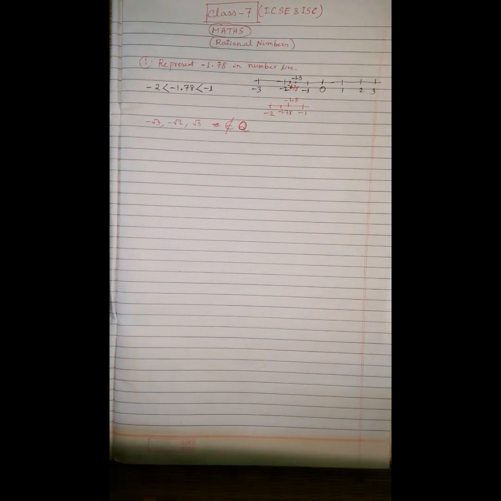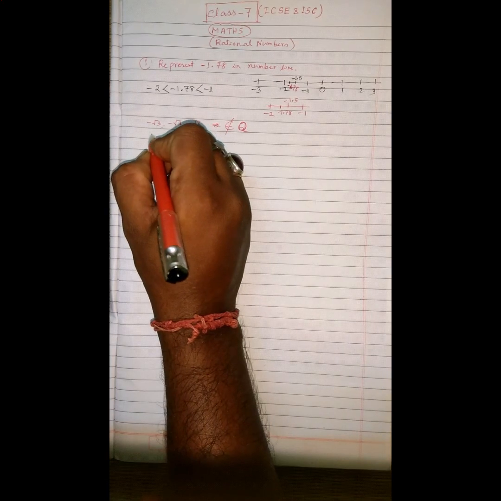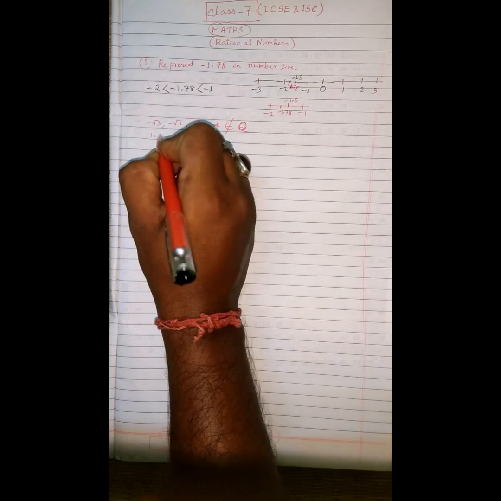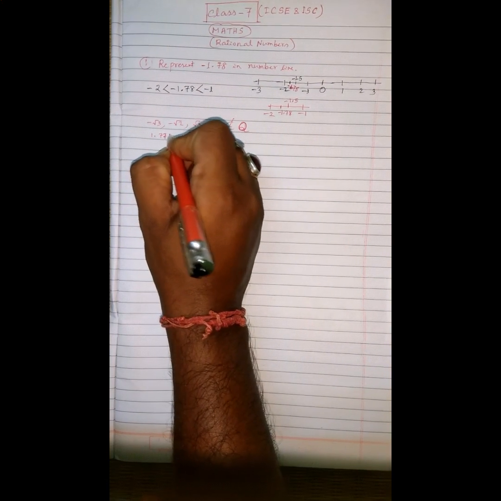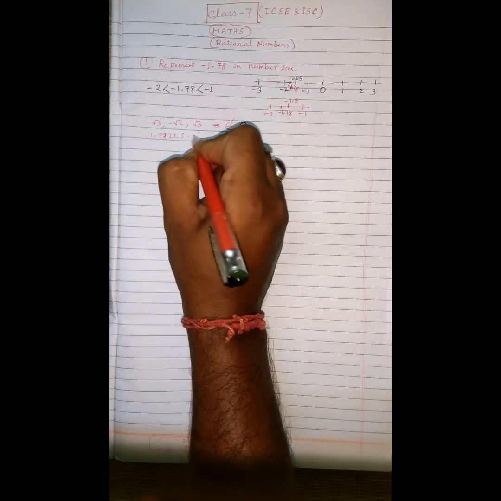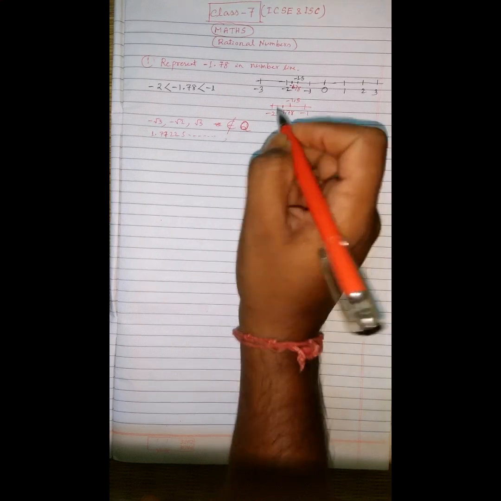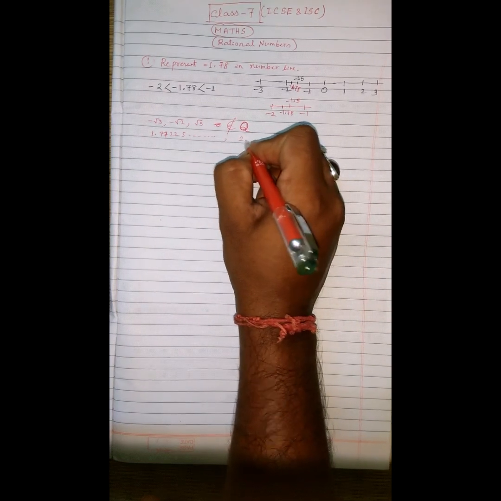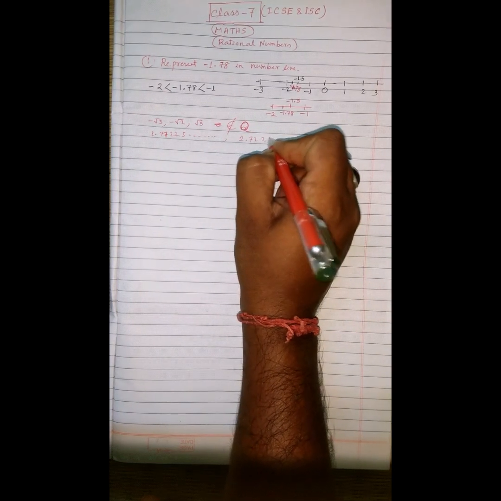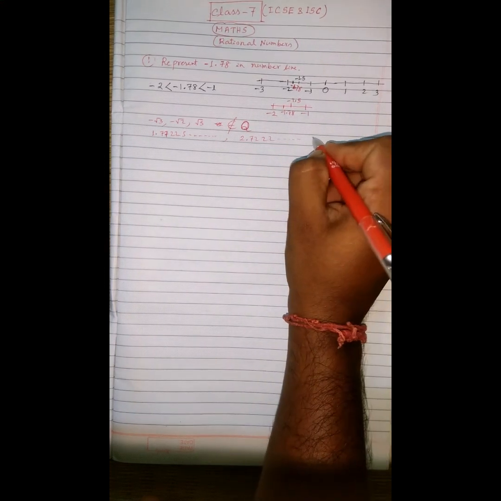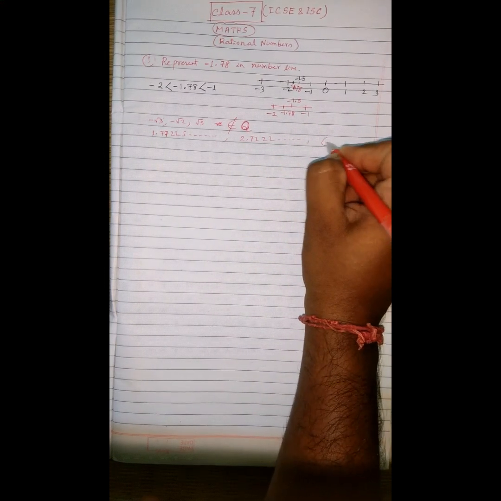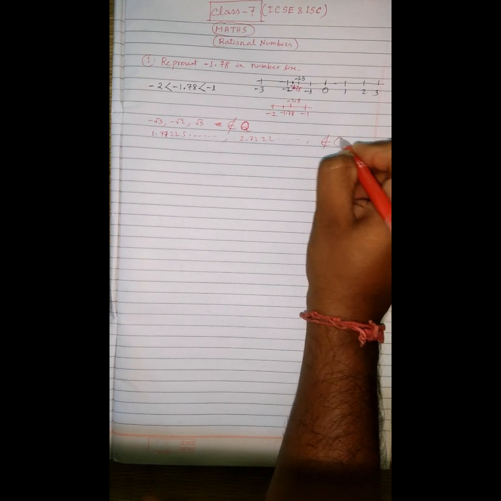We should take care of it. And if someone takes minus 1.7722..., this is an infinite number, like 2.7222..., this is also an infinite number. These are not rational numbers. These are all irrational numbers. You should know that.